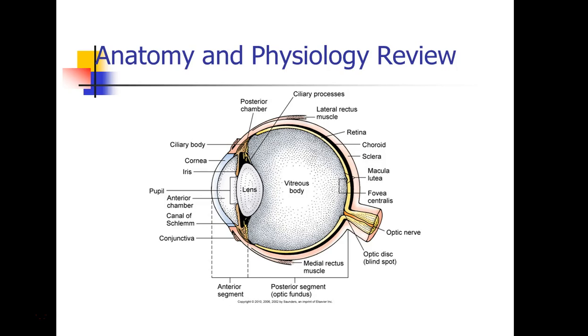So if you remember your anatomy and physiology, you can look at different areas. And the first one we're going to talk about is the lens. And the lens involves a deficit, glaucoma. That's where we have problems when we have glaucoma, is in the lens.